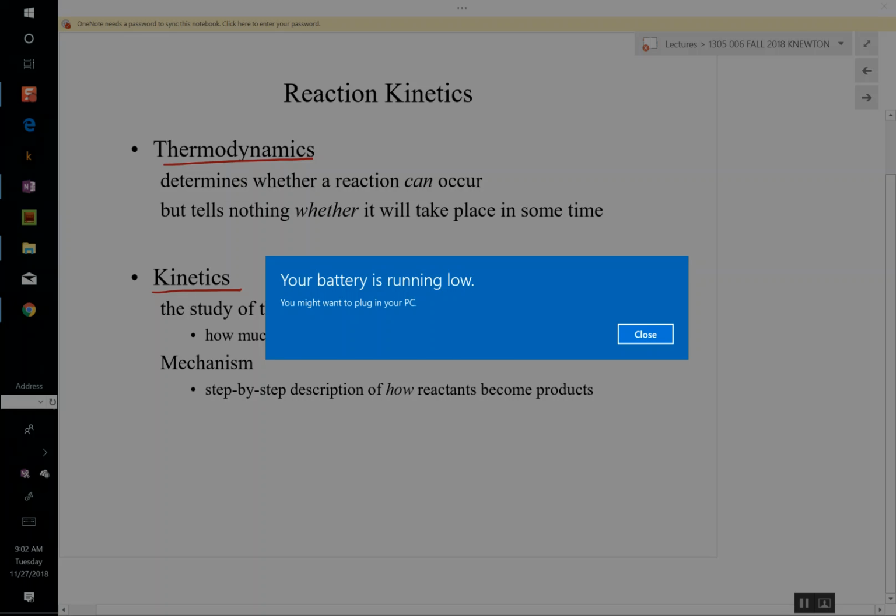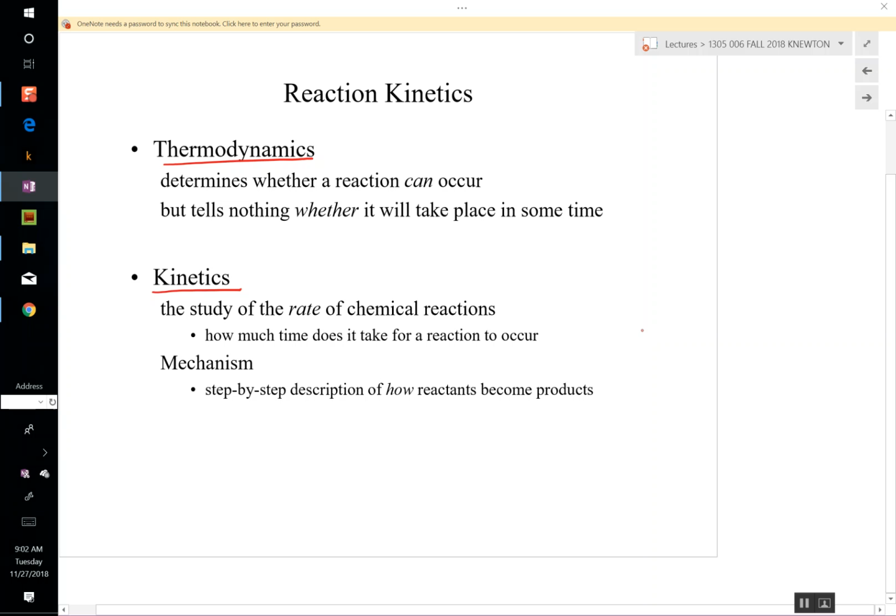Kinetics is, how fast or slow is that reaction? Thermodynamics doesn't tell us how fast it'll happen. You can say this reaction is going to happen spontaneously, but it won't tell you whether it's going to be an explosion or whether it's going to just kind of percolate along.